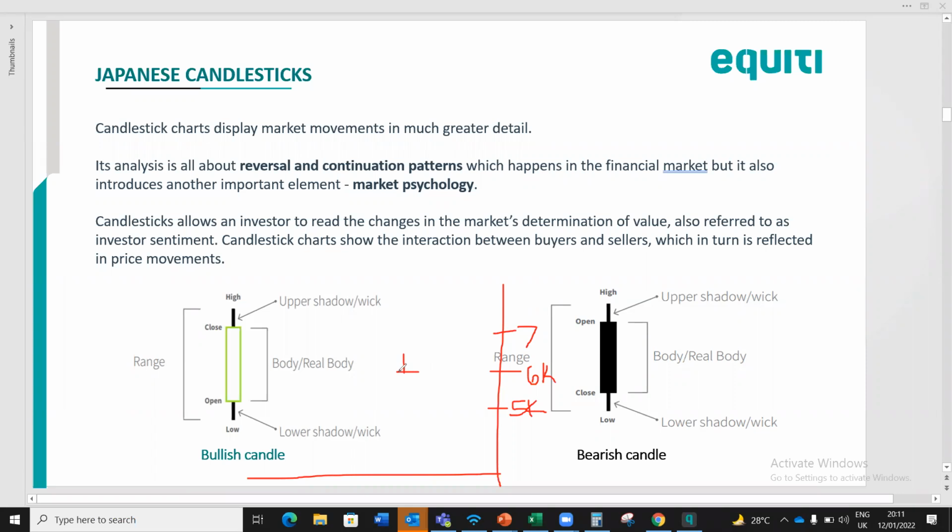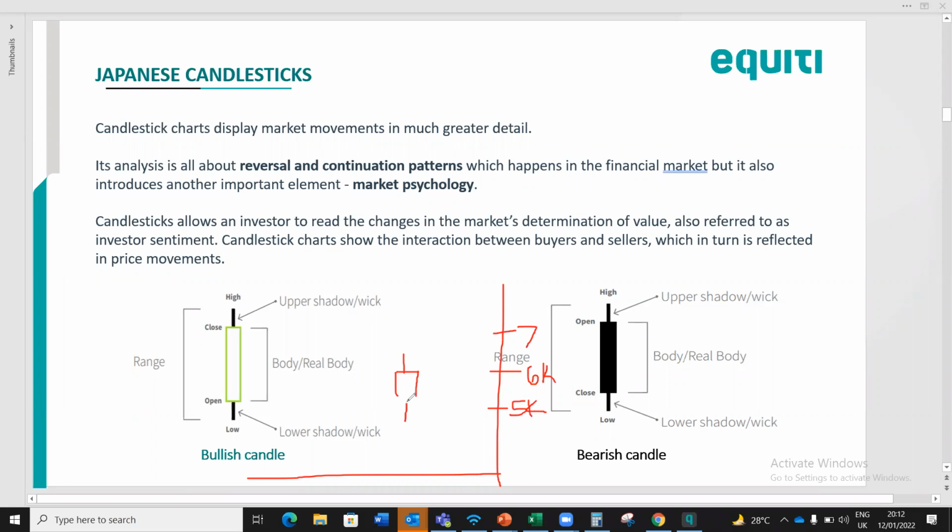Now, the sellers, because they dominated more of the market, were able to now push prices from 6,000 to, let's say, 5,300. This is the price level of 5,300. Okay, no, no. They were able to push prices to, let's say, somewhere around 4,900.